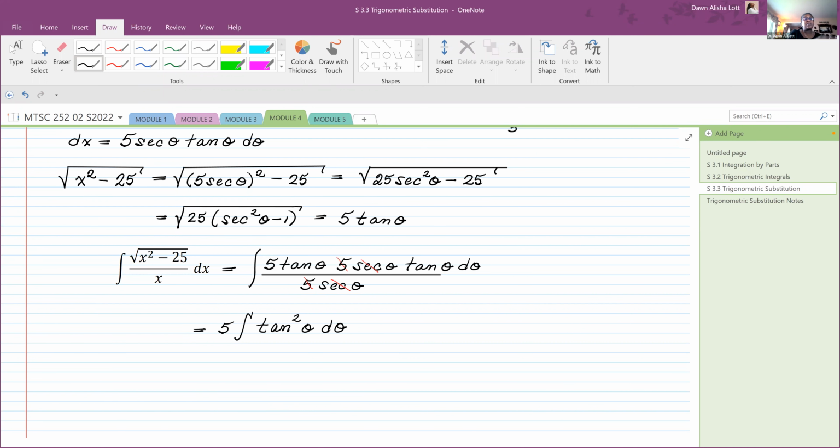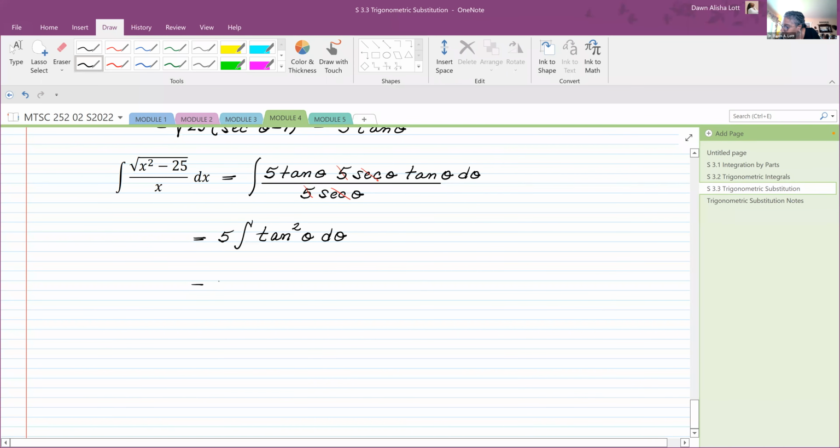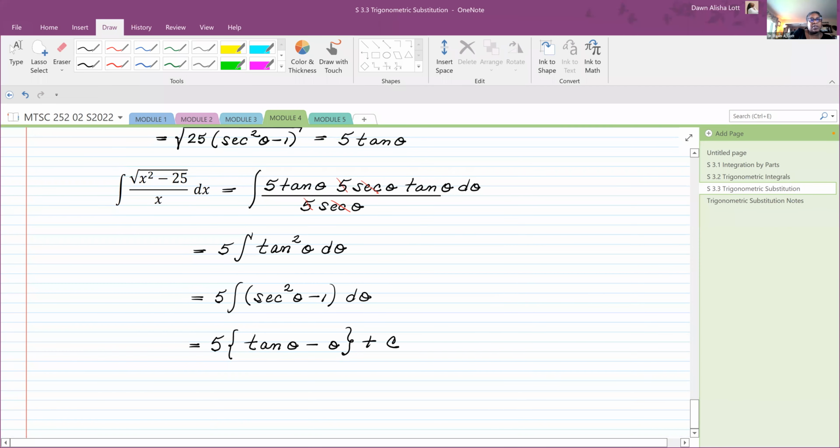We're going to trade tangents for secants. 5 times the integral of secant squared theta minus 1 d theta. So that's 5. The integral of secant squared is tangent, minus theta, plus c.